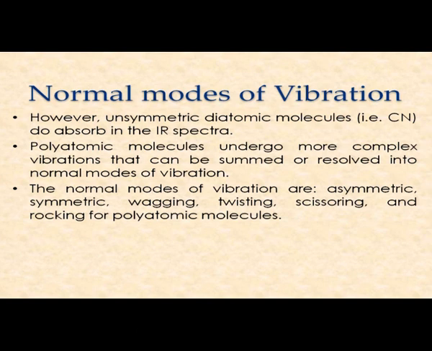Polyatomic molecules undergo more complex vibration that can be summed or resolved into normal modes of vibration. There are several types of normal modes of vibrations: asymmetric, symmetric, wagging, twisting, scissoring and rocking are the normal modes of vibrations for polyatomic molecules.